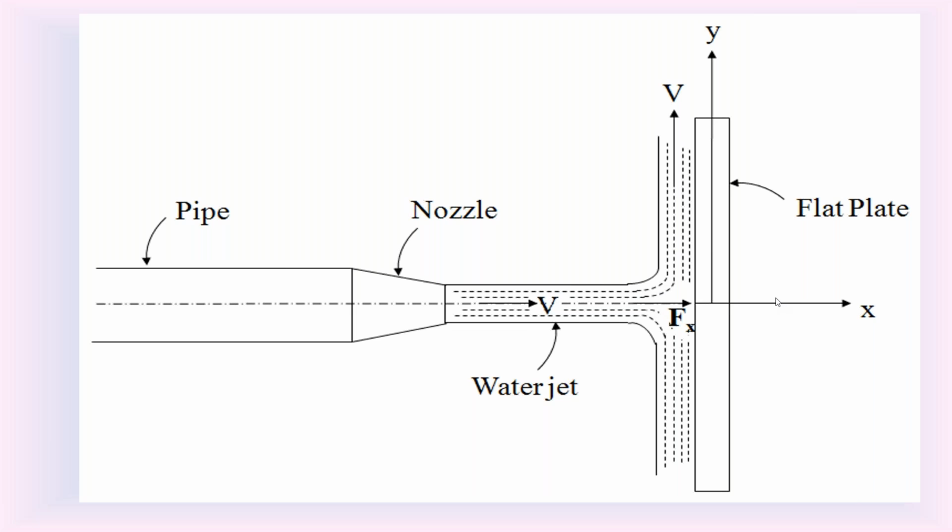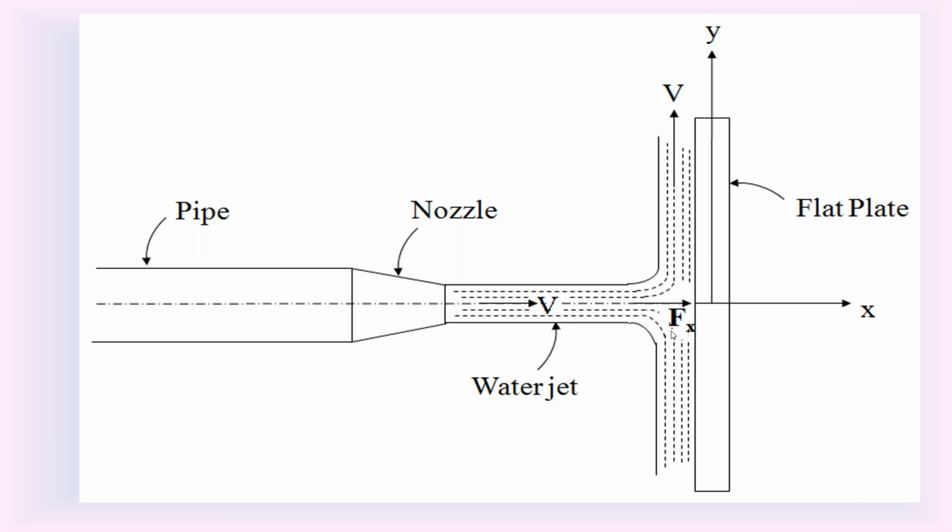Since the angle is 90 degrees, the final velocity of water jet in the direction of force Fx is 0, because it is v cos 90, that is 0.